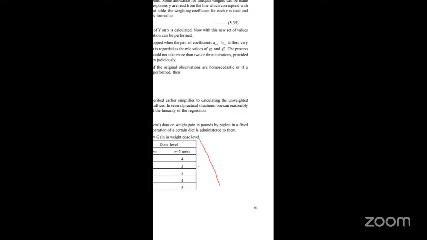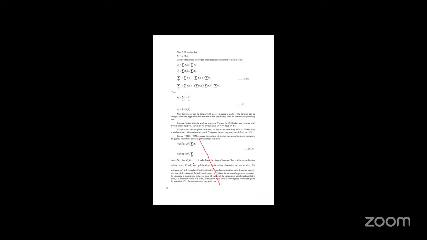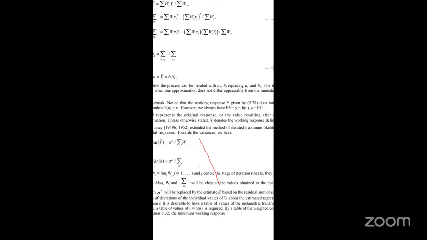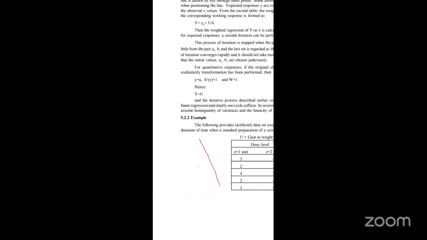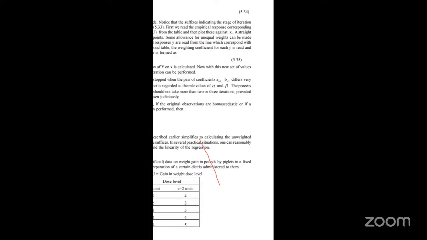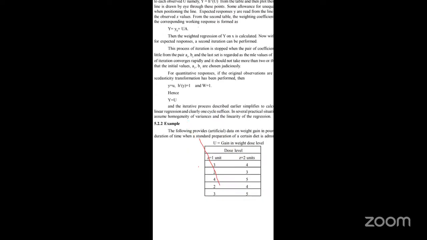And the iterative process described earlier simplifies to calculating the unweighted linear regression, and clearly one cycle suffices in several practical situations.